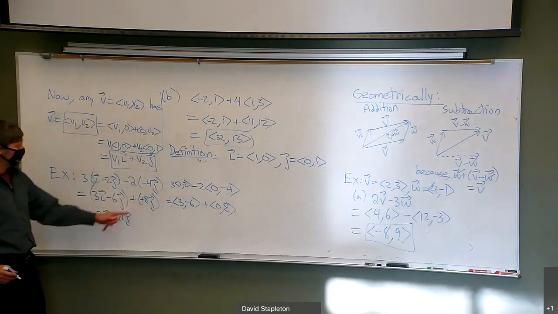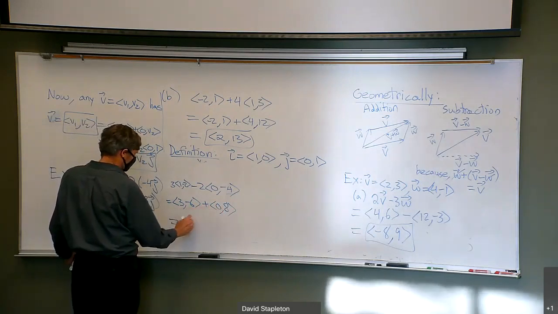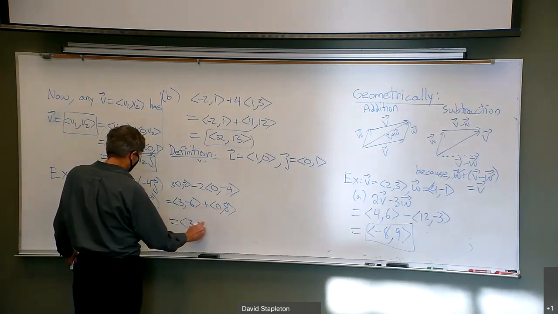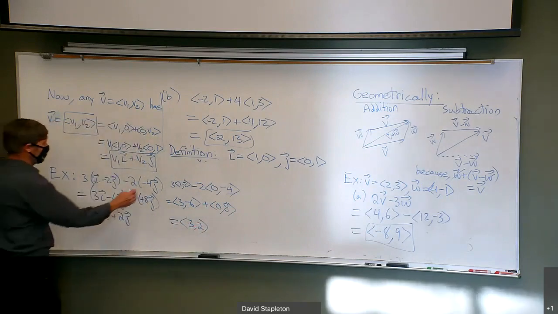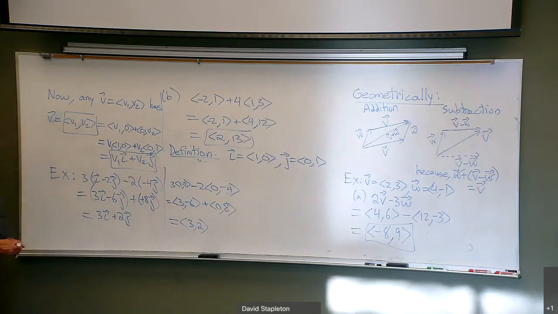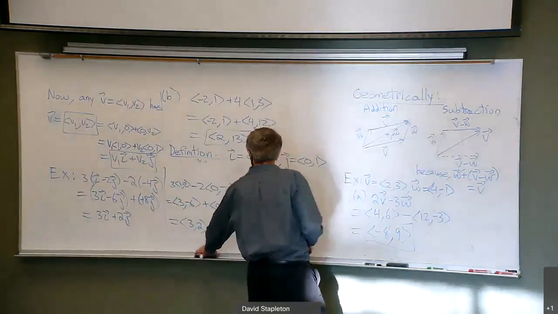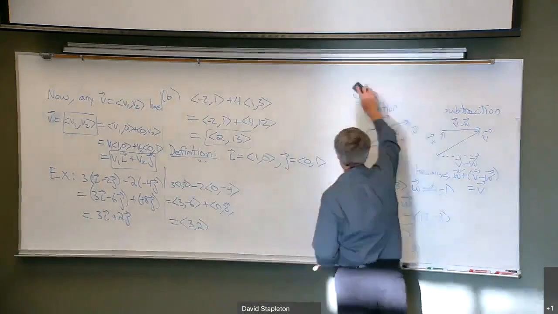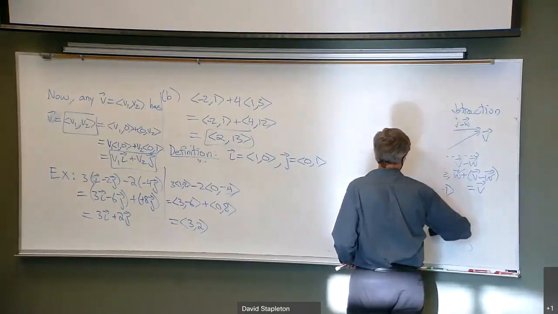And that's that step. And then you add component by component. You get 3, and minus 6 plus 8 is 2. You get the same result. So this is just another notation doing the same thing. Those are very easy problems in this section. The hardest thing is calculating that direction angle, I think.